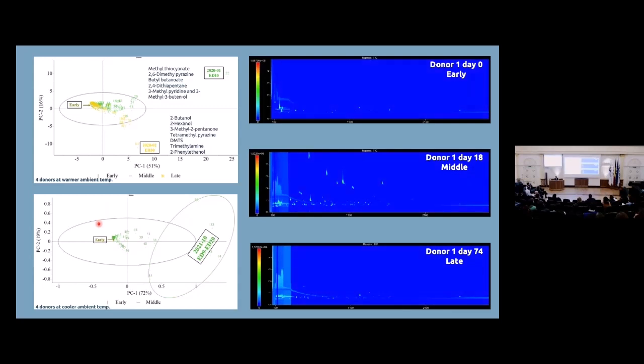And these donors never really reached their late stage prior to stopping our trial. And so again, the early stage samples were tightly clustered, while there was variability in the middle stage samples along all of the principal components. Here are just chromatograms to show you what the early, middle, and late stage would look like.